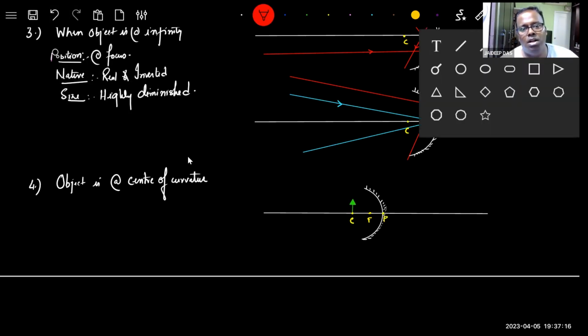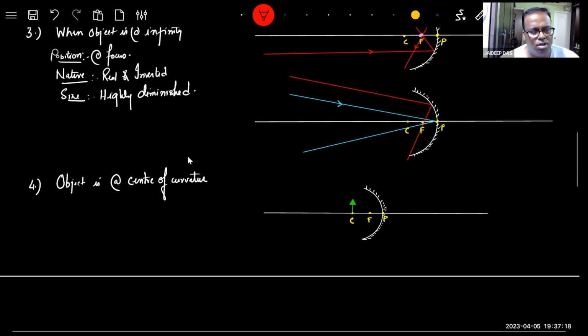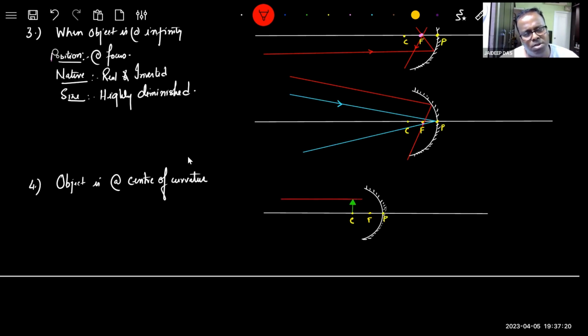It will travel parallel. कोई भी 2 रे आप ले सकते हैं, आपकी मर्जी। It travels parallel, it passes through the focus, right? And we'll have our second ray of light. How do we take our second ray of light? The second ray of light is taken passing through the focus. Okay, I'll take it this way. This is the first ray of light. The second ray of light is taken through the focus.